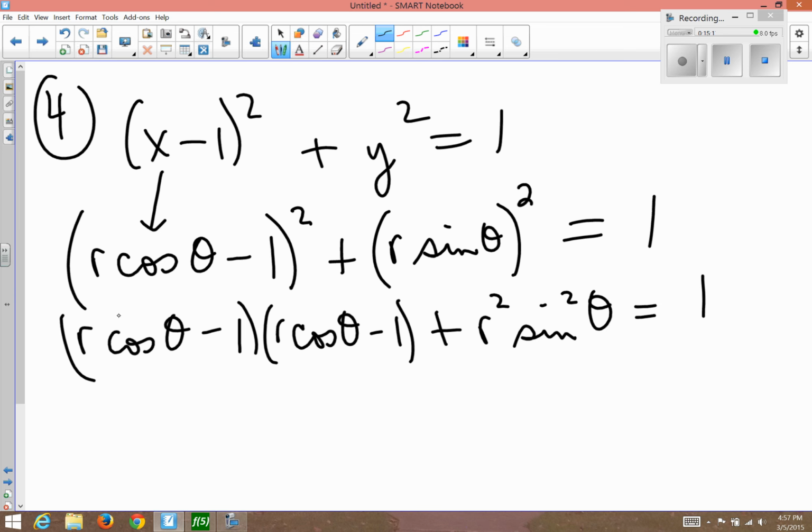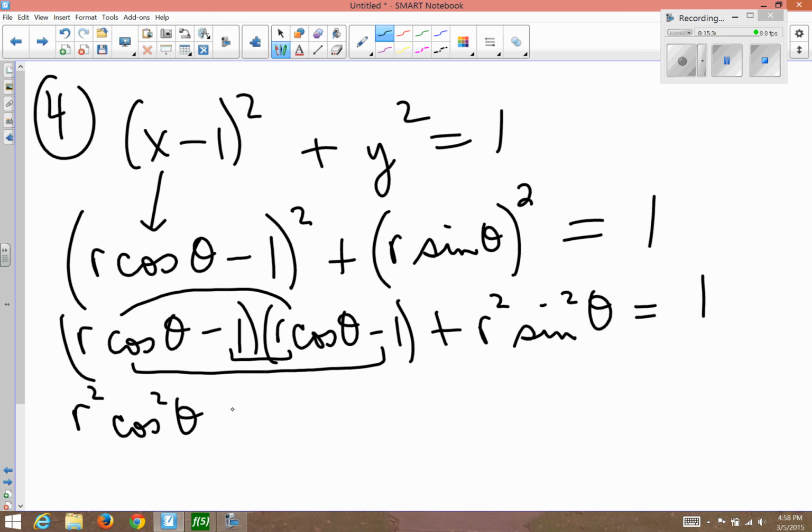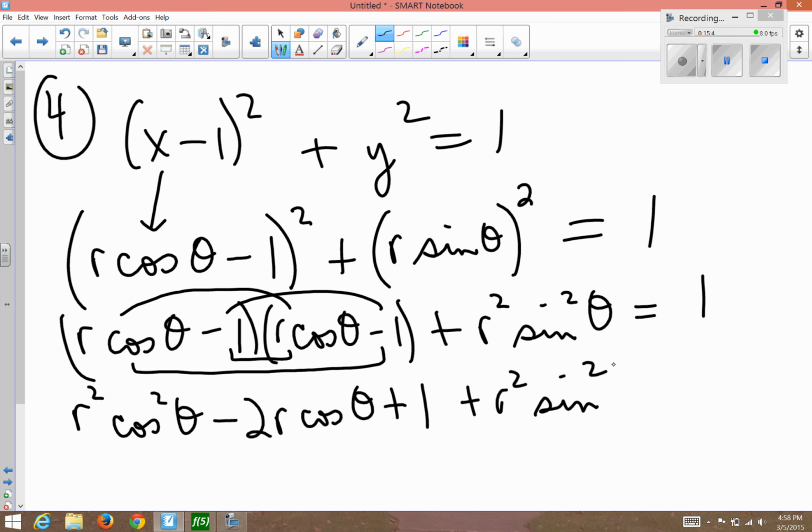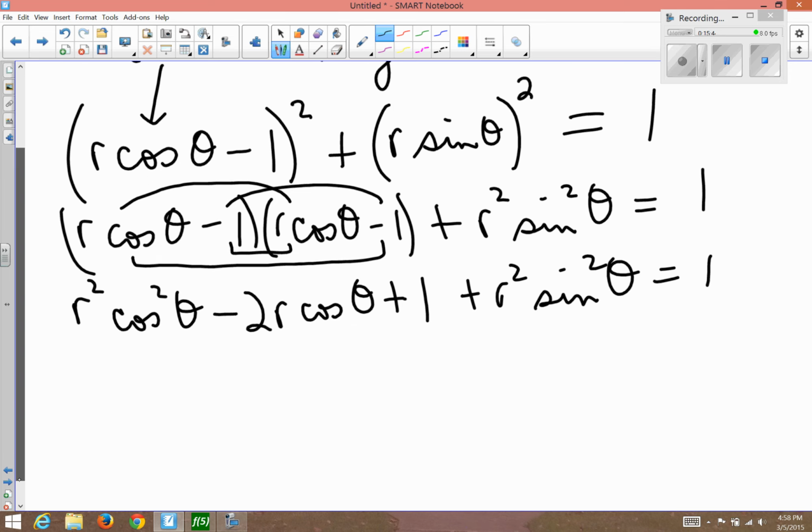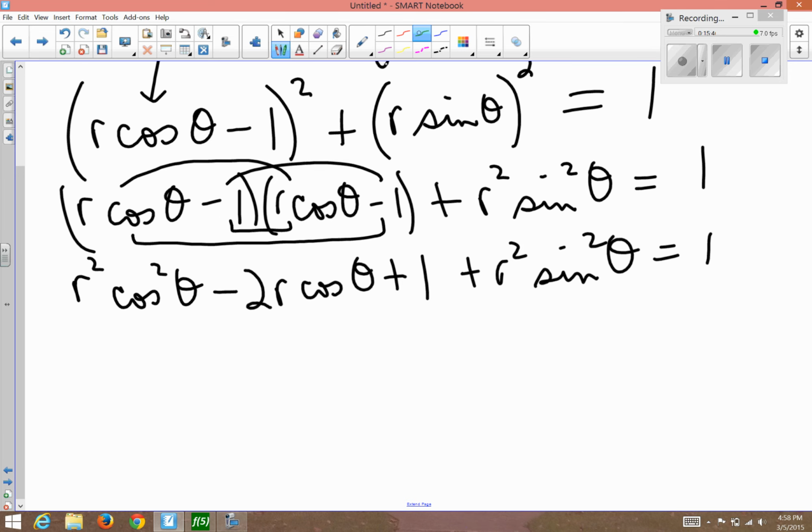So r cosine theta times r cosine theta is r squared cosine squared theta. R cosine theta times -1, and the inners are the same things. Combine those like terms, we get -2r cosine theta. And -1 times -1 is +1. Putting down all the rest of this. Let's rearrange the order: r squared cosine squared theta plus r squared sine squared theta.